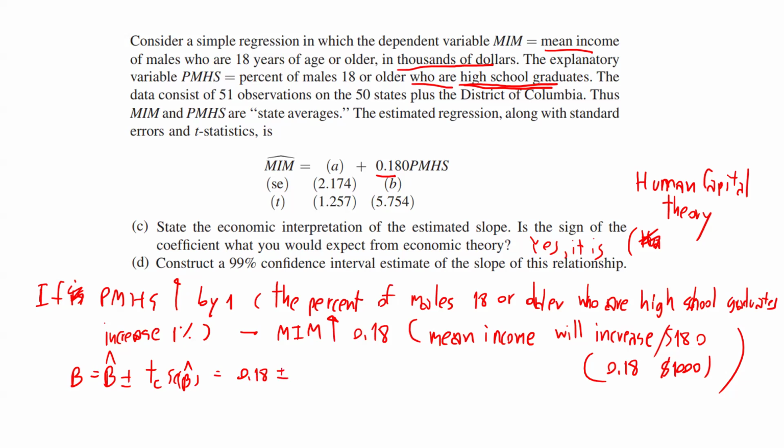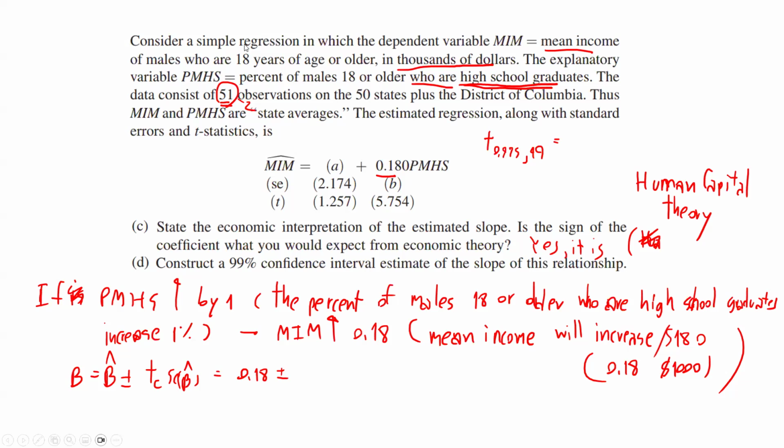So you have to open the t-table. 51 observations, so t at 0.975 two-tail and 49, which is 51 minus 2. And then you have to open the table.